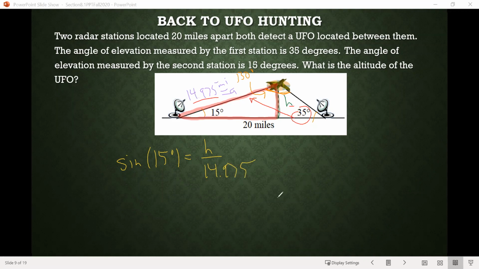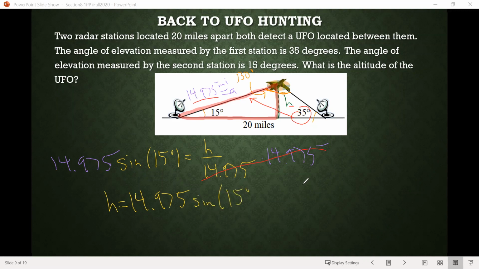We can multiply by 14.975 on both sides of the equation, and these will cancel. When we do that, we end up with H equals 14.975 times sine of 15 degrees. Plug that into our calculator, and it looks like we get 3.876 miles.